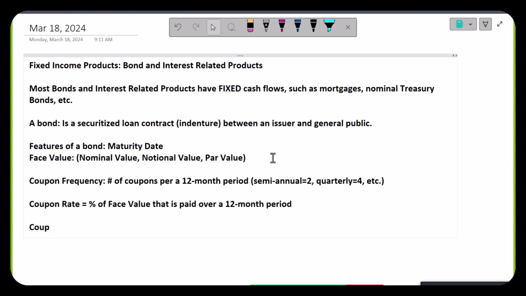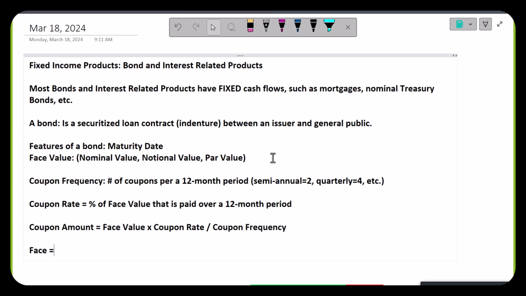Coupon amounts, it's something that we're going to calculate. Face value times coupon rate divided by coupon frequency.